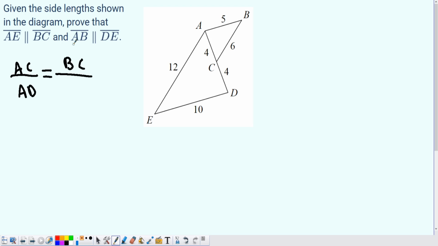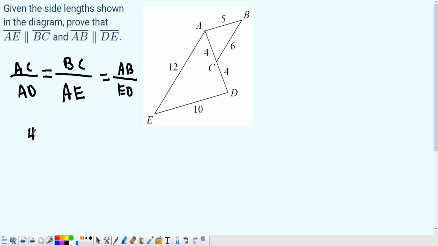So what is the biggest side in EAD? It seems to be AE, 12. Then finally, we have that medium length side AB, and that would match with ED. So let's fill in the values.